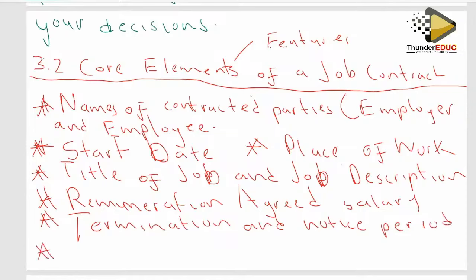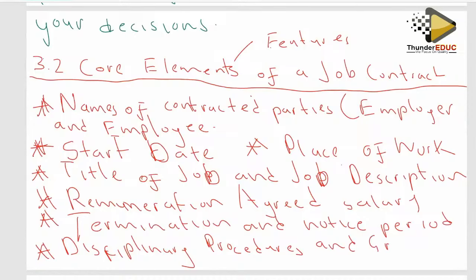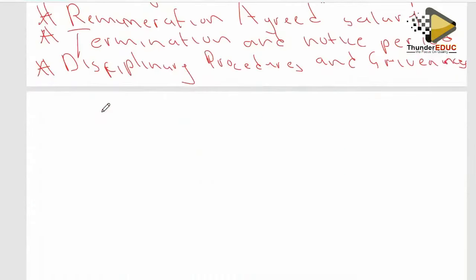Then in addition to that, we also need the disciplinary procedures in the event that the employee fails to do or to follow what is required, and grievance procedures as well. So basically, we have listed quite a number. Yes, so in your case, the question only requires 4 of them, so you can choose any 4 from the ones which have been provided.